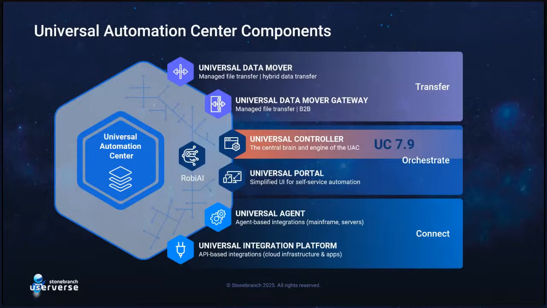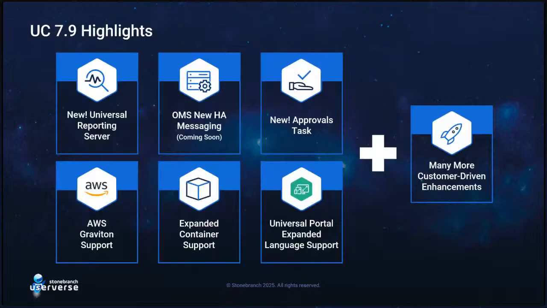These will be the key highlights that we'll be covering. We won't be covering all of these items, but we have some really strong and very advanced features in this release. Two major capabilities have been introduced with the new Universal Reporting Server and also new advanced architectural enhancements to OMS. On top of that, we've continued to expand our support with Universal Portal and our container management.